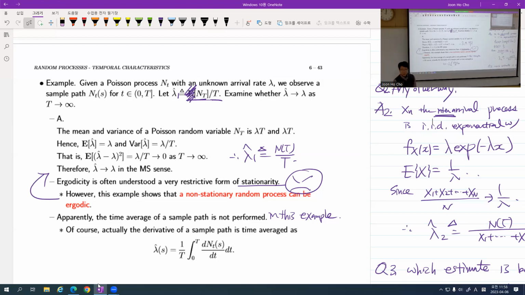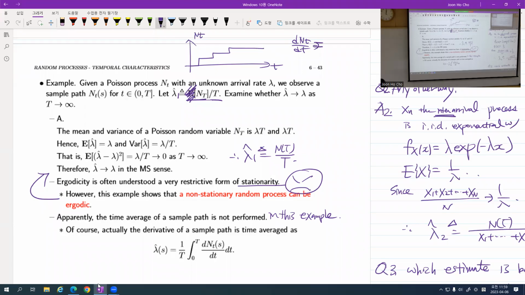Got it? But usually, in this course and almost every textbook, they say that ergodicity is about relating time average with statistical average, or probability sometimes. And actually, we can do that, because if you remember the sample path of the Poisson process and differentiate it with respect to t, then what do you have?